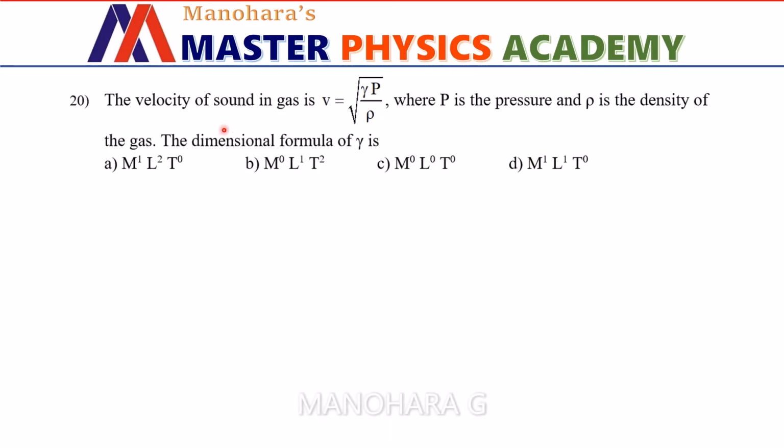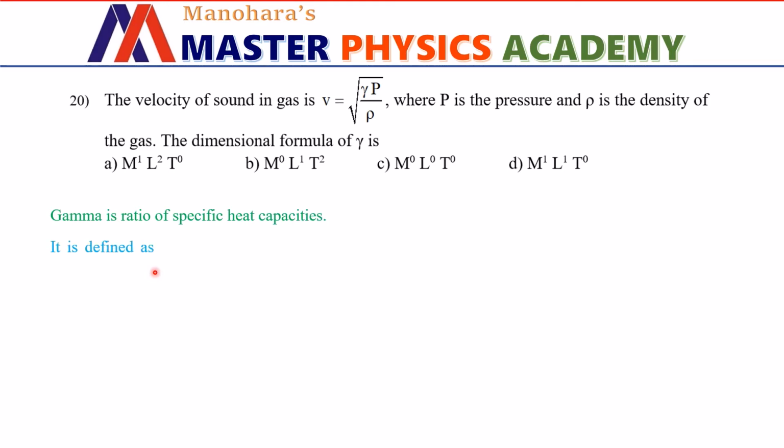The velocity of sound in gas is v equals root of gamma p divided by rho, where p is pressure and rho is the density of the gas. The dimensional formula of gamma is: the given formula is Newton's Laplace formula for speed of sound in gas, where gamma stands for the ratio of specific heat capacities.